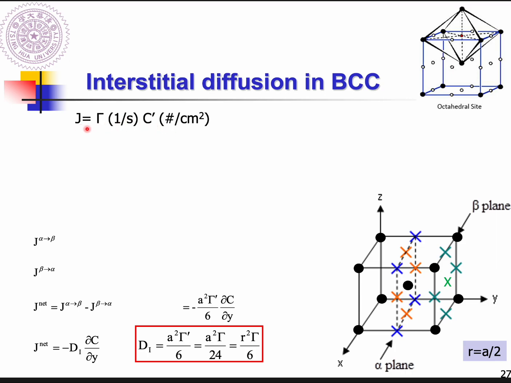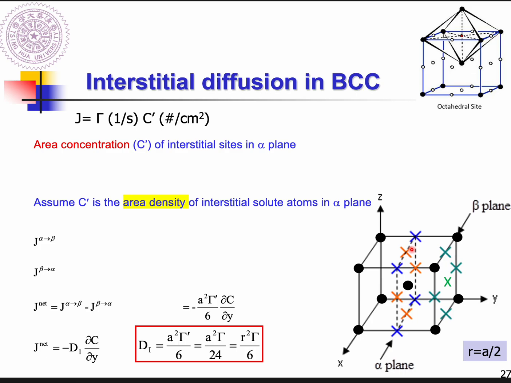Based on this relationship, we try to calculate the flux of diffusing interstitial atoms from alpha to beta. And the C-prime, don't forget, is the area density of interstitial solute atoms in the alpha plane.